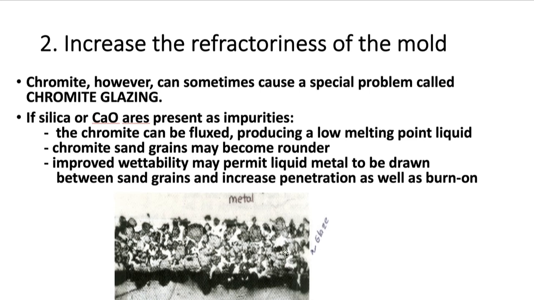This right here is this glaze where the molten metal has penetrated, and the chromite has kind of formed this lower melting temperature material, and so the metal is kind of fluxed into it, and so we get this glaze on the surface, and it's really difficult to get off. You'd have to grind the crap out of that stuff.